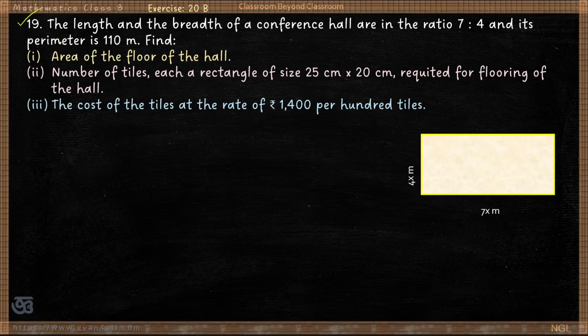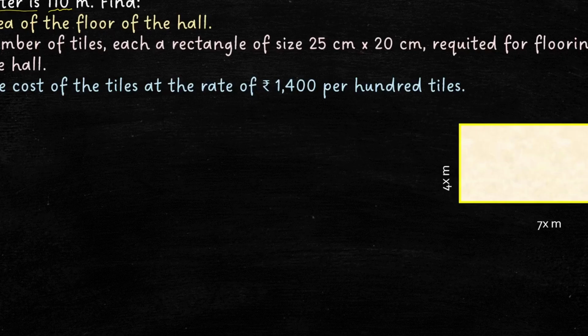Question number 19. The length and breadth of a conference hall are in the ratio 7:4 and its perimeter is 110 meters. Find the area of the floor of the hall. First, let us find the area of the floor.